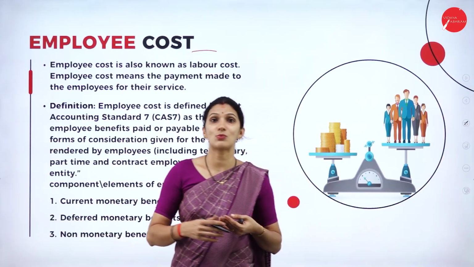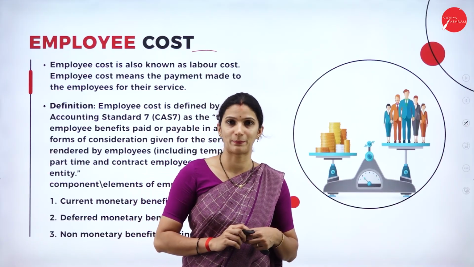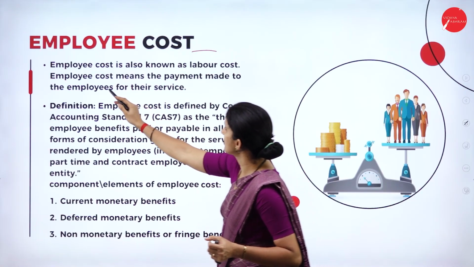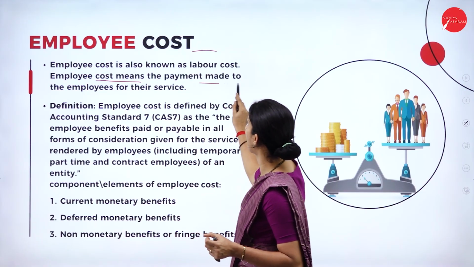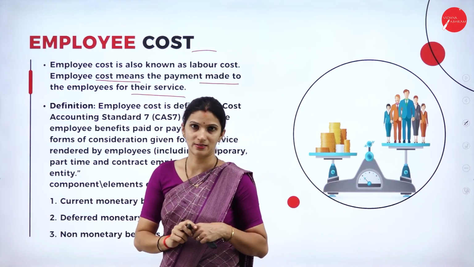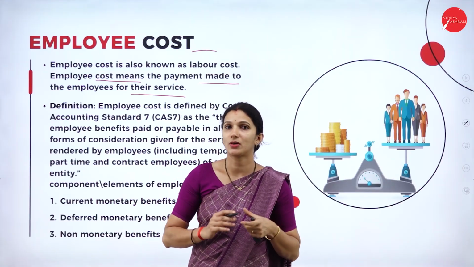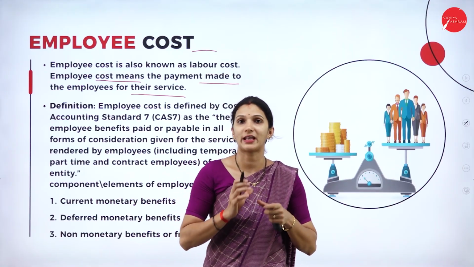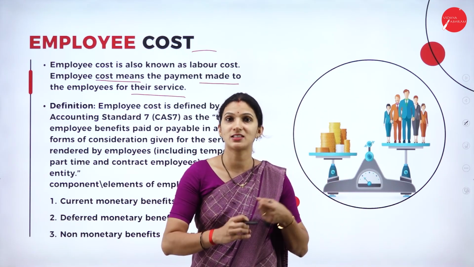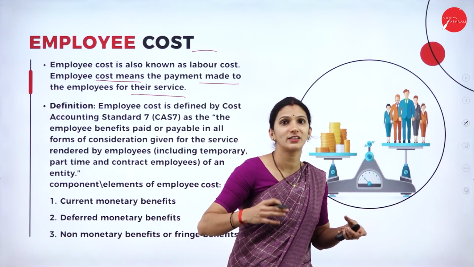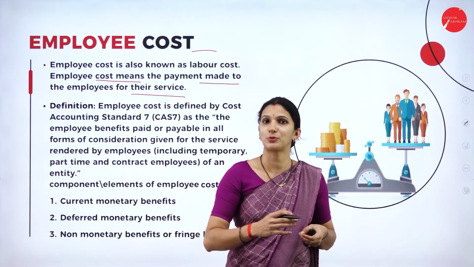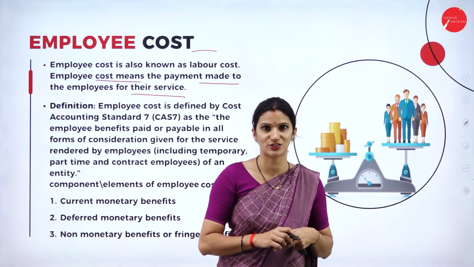So now we will see what is labor cost or employee cost. Here, it is also known as labor cost. Employee cost means the payment made to the employees for their services. So that means the labor cost or employee cost is the wages or the salaries or any type of consideration that is paid to the worker for their time or the effort they put in during the production or during their time in the organization.